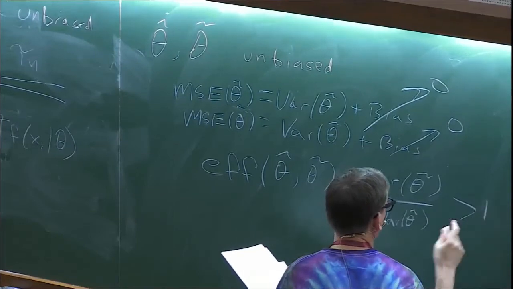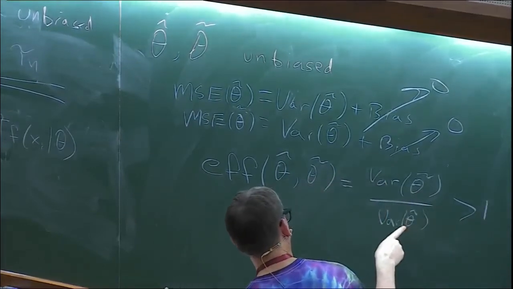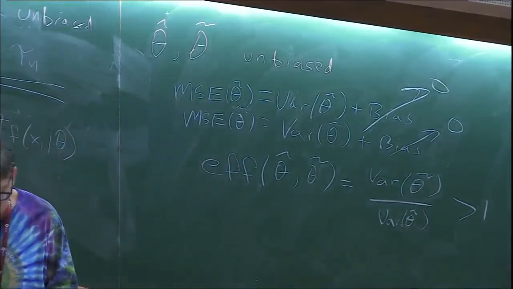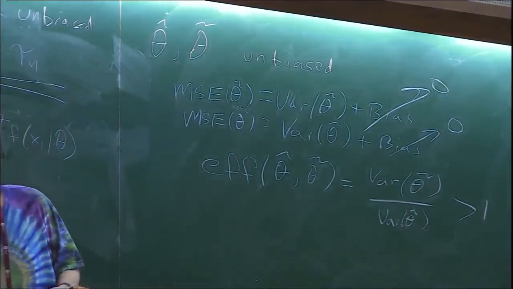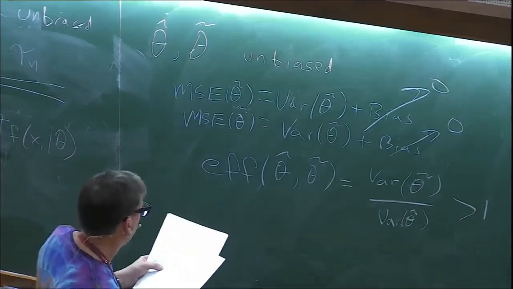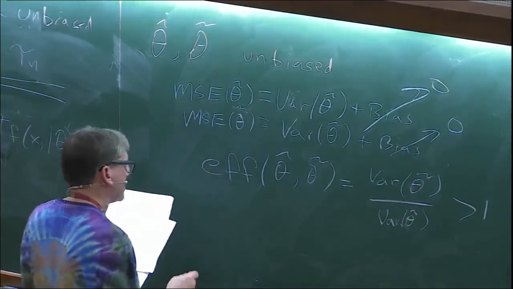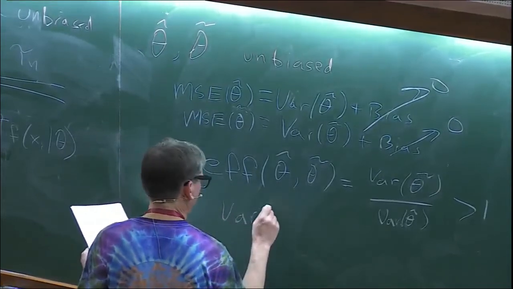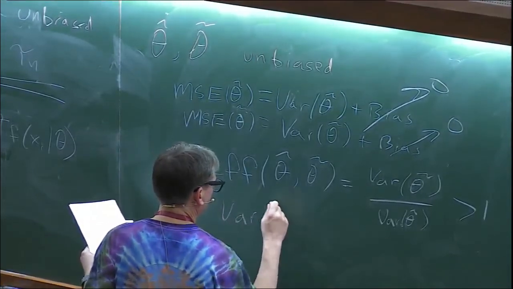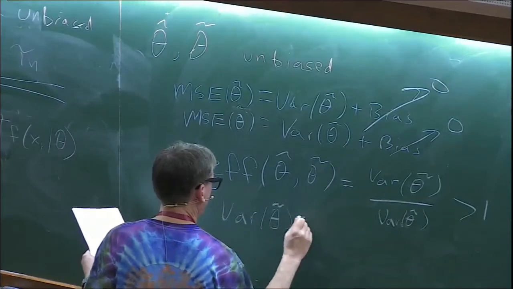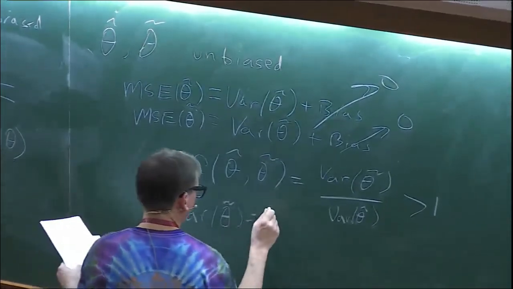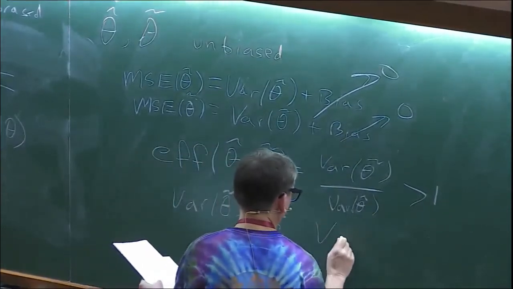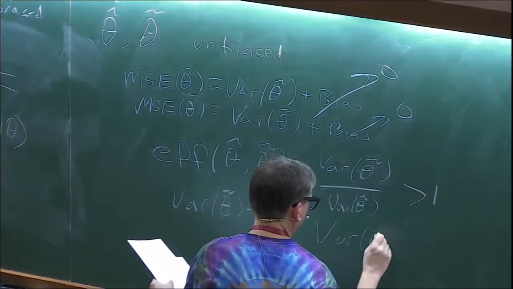If this is greater than 1, we're going to prefer theta hat because it has the smaller variance. Of course, if the data is IID, then the variance of theta tilde is C1 over n, and the variance of theta hat is C2 over n.